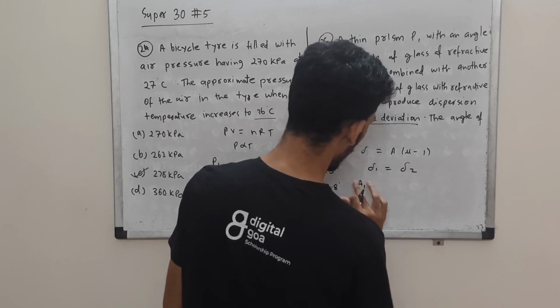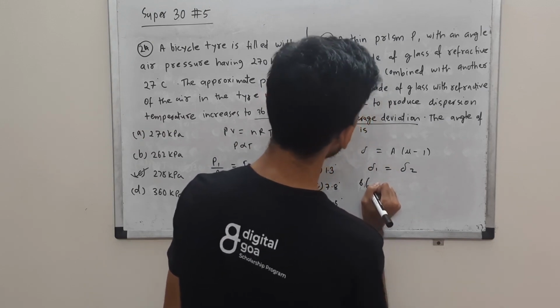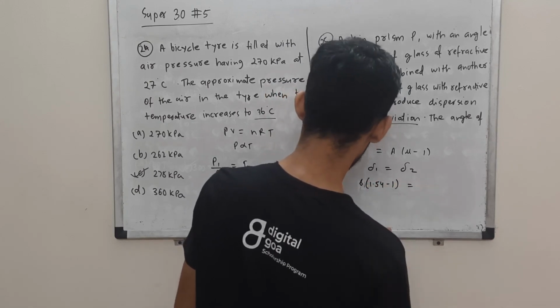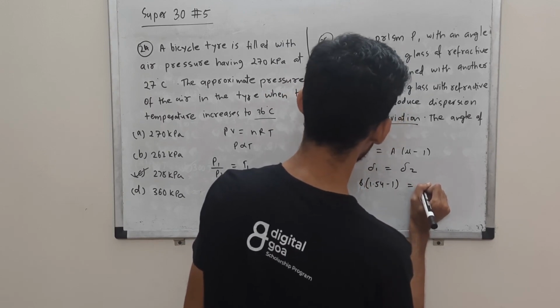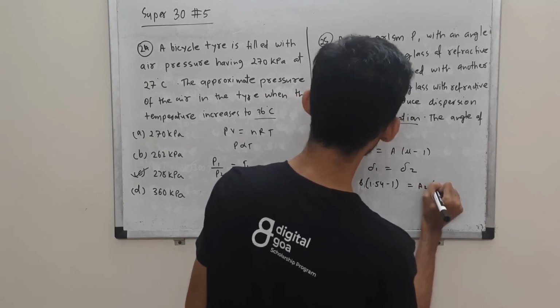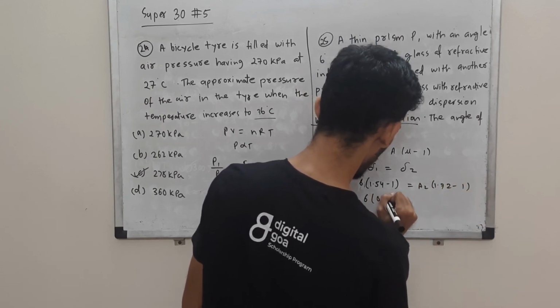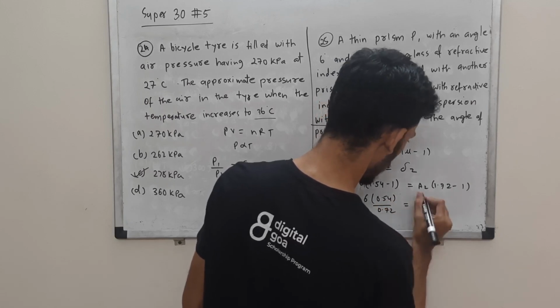So A1 is the angle of prism 1, 6 degrees into mu minus 1, which is 1.54 minus 1, and this is A2, which we are supposed to find, into 1.72 minus 1. So this is 6 into 0.54 divided by 0.72, right?